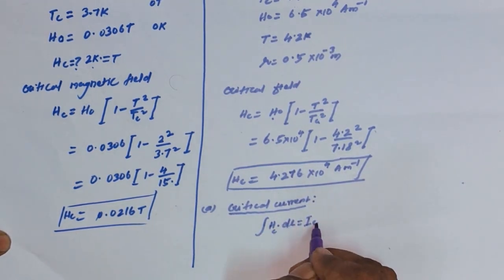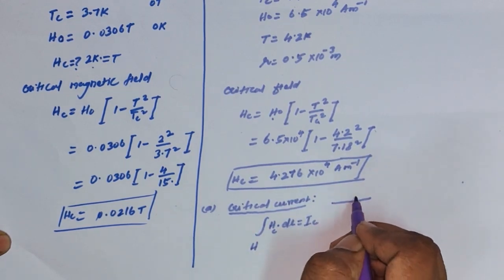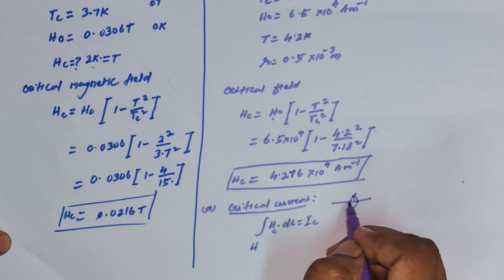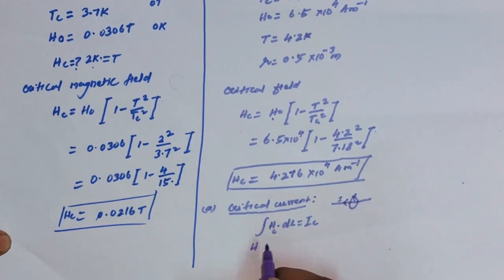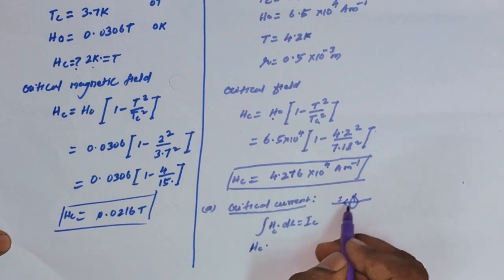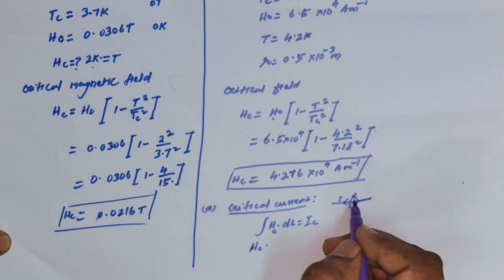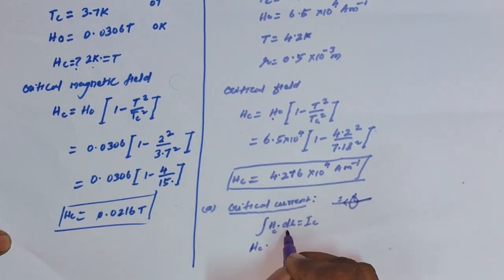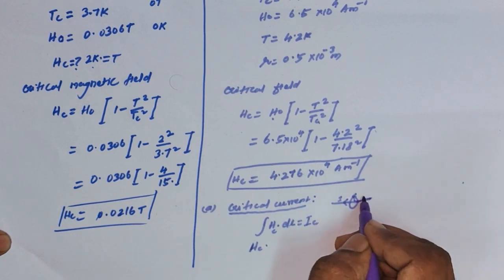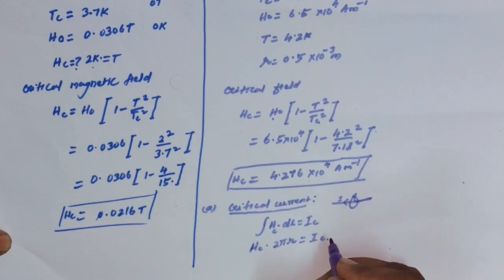Once the current is flowing through the lead wire, it makes a circulating field. So Hc, the circulating field on the surface of the lead wire, times the line integral of dl, the circumference of the wire, 2 pi r, equals the critical current Ic.